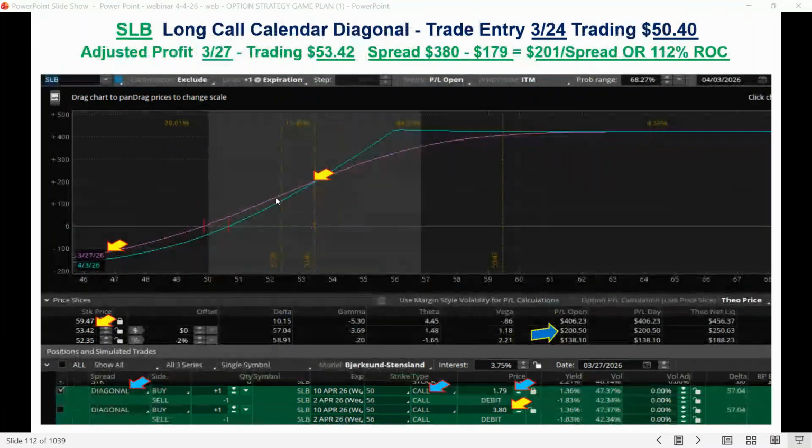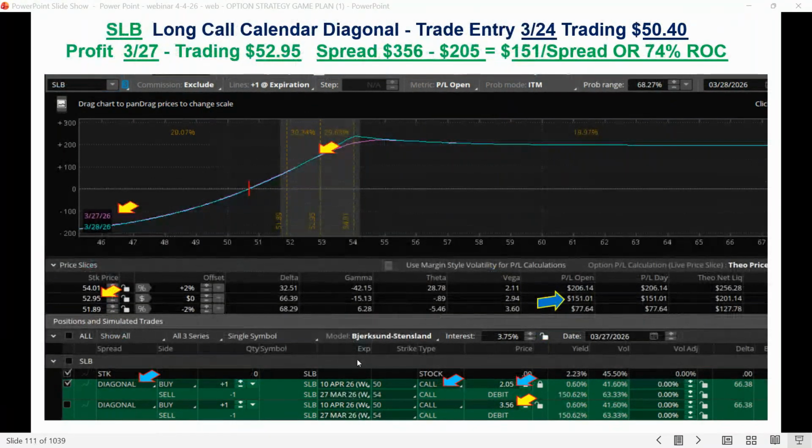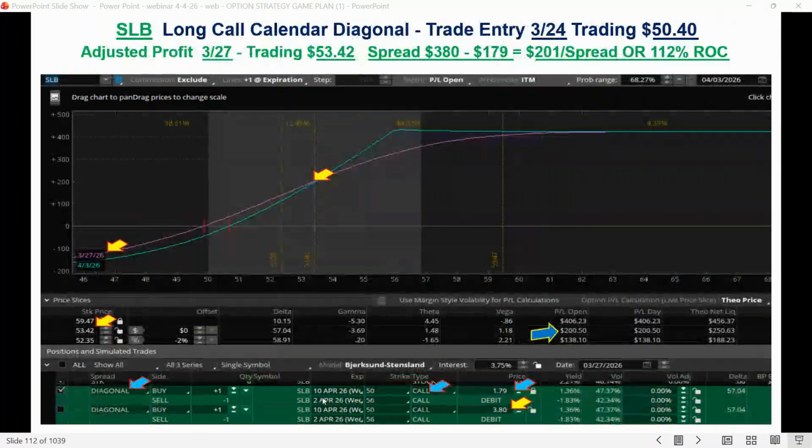And then on the 27th, a little bit later in the day, now we're up $201 per spread, or 112% return. All right, so that was actually after an adjustment on that trade. We went from the 27 March 54 strike, we closed that out, and we went to the 2 April 56 strike. So that was the adjustment there. We increased the profit on that.